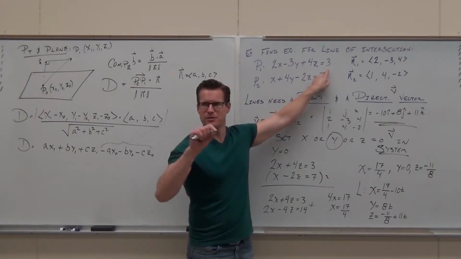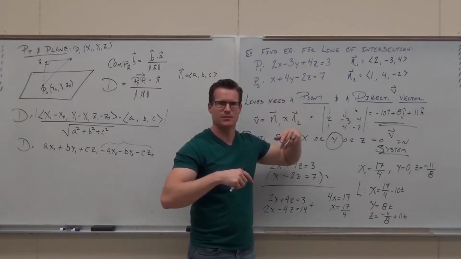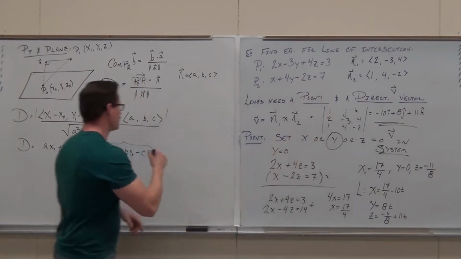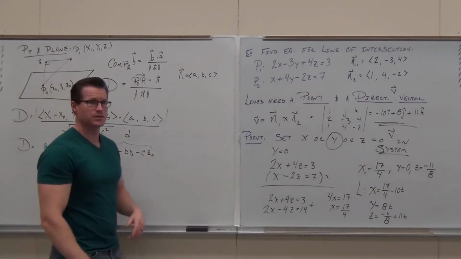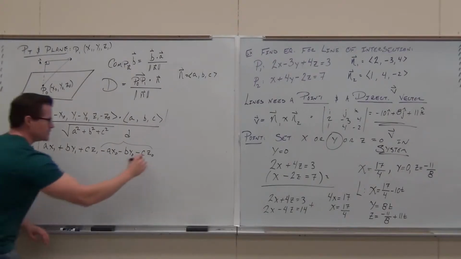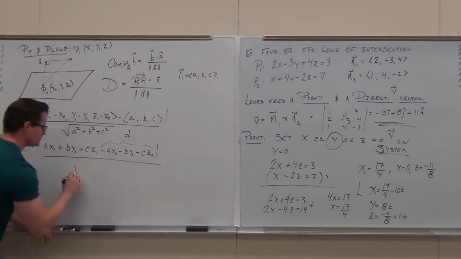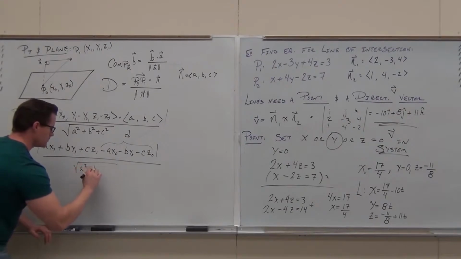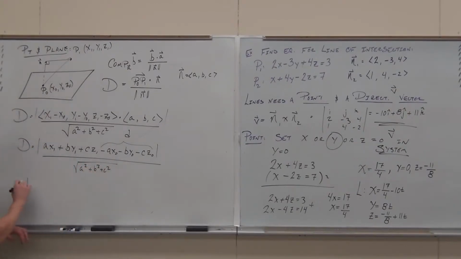Do you remember distributing it, combining it, adding it over? That was our D. This is all D. So if I continue, the distance between a point and a plane looks just like this.